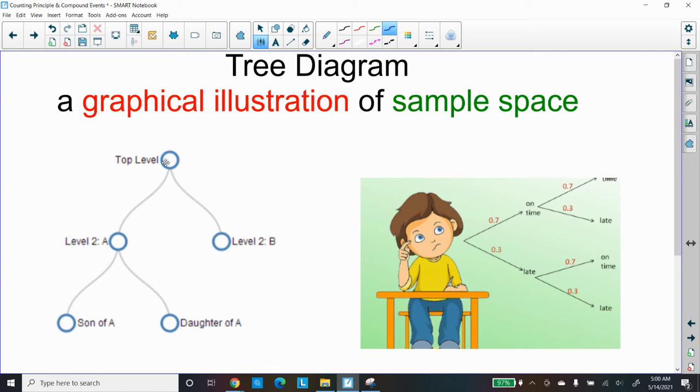I've seen tree diagrams that go top down, vertically speaking, or sideways like branches of a tree. So sometimes your tree will look like a pine tree or a Christmas tree. Sometimes it'll look like the branches of a tree. Okay, so that's a tree diagram. It's just a graphical illustration of sample space.